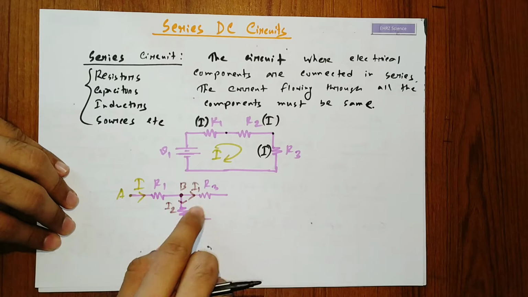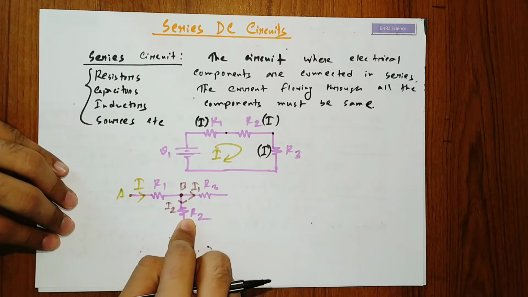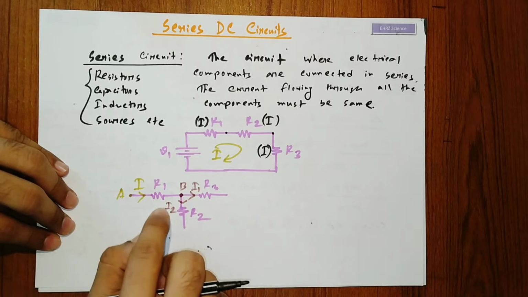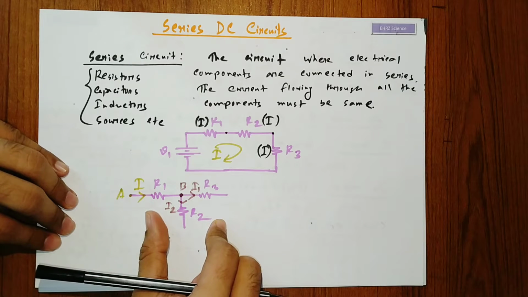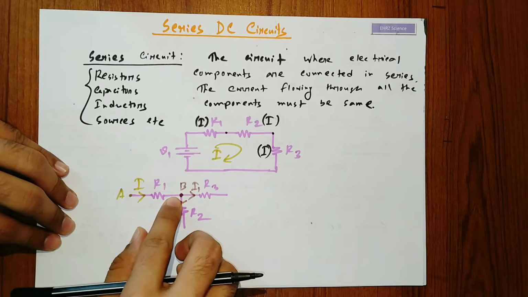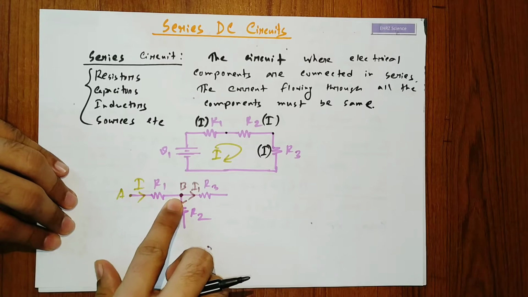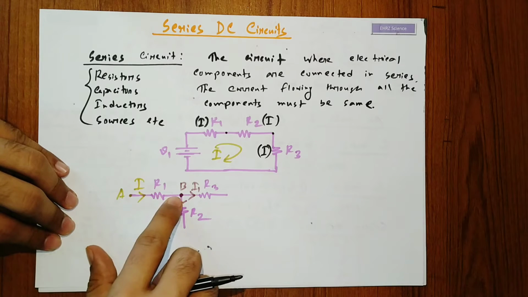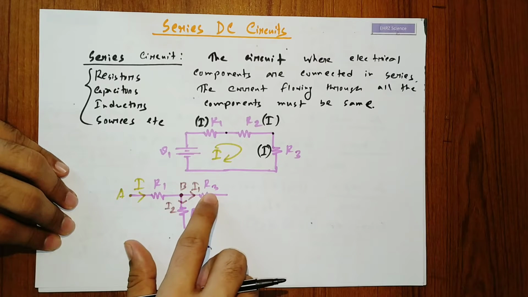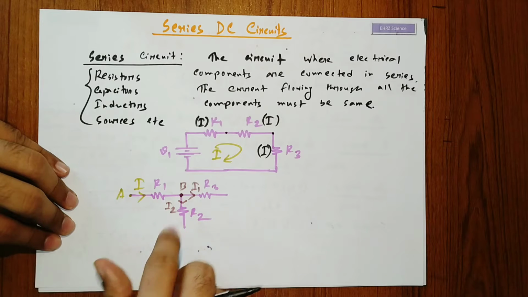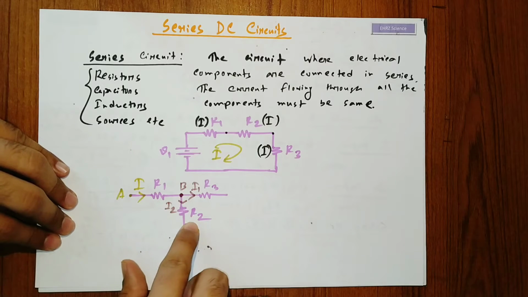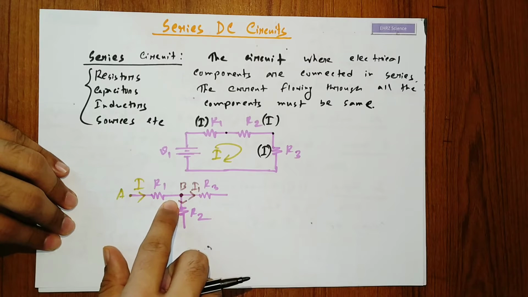So three resistors have three different values of current, though they are meeting at this node B. See, at the ending point of R1 resistor, R3 resistor has started. Same thing goes for R2. At the ending point of R1, the resistor R2 has started.